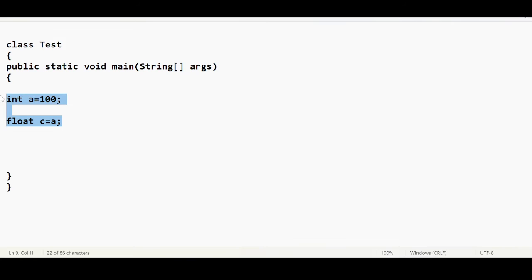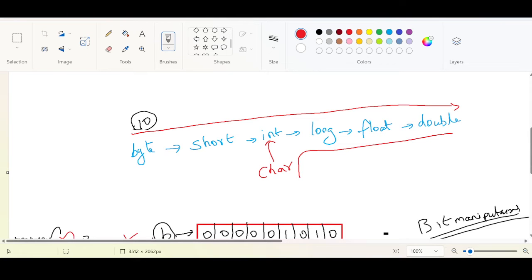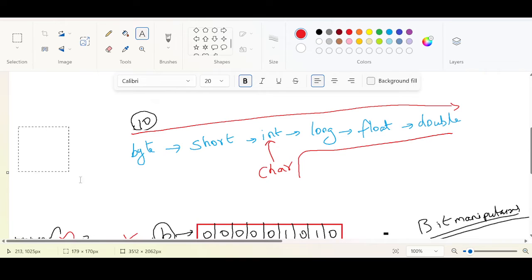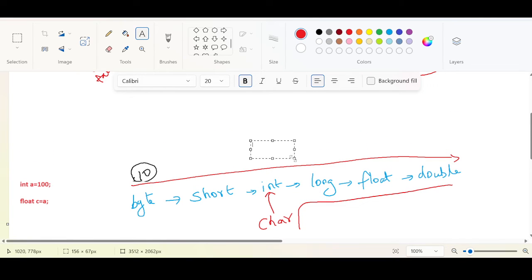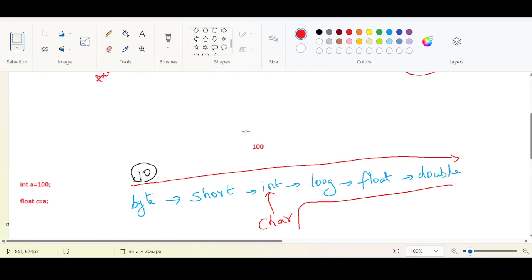Our example is this: integer, the value of integer is given as 100. I am trying to assign this integer value to the float, which means it is going to go from integer to long and float. This is possible, right? Look at the direction. If it is traveling towards the right, it means it is converting from lower type to higher data type.